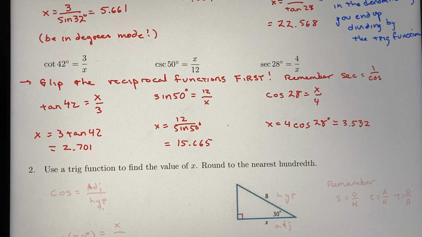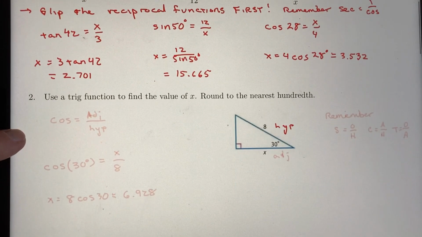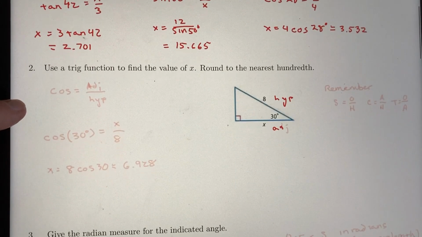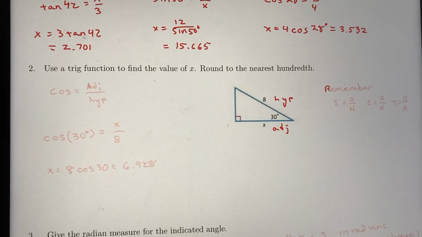Okay, so this is hypotenuse and adjacent. Remember SOH CAH TOA. Okay, you can spell it, you can use it.